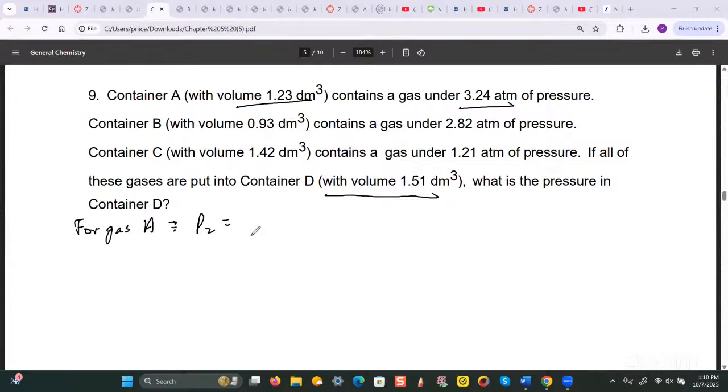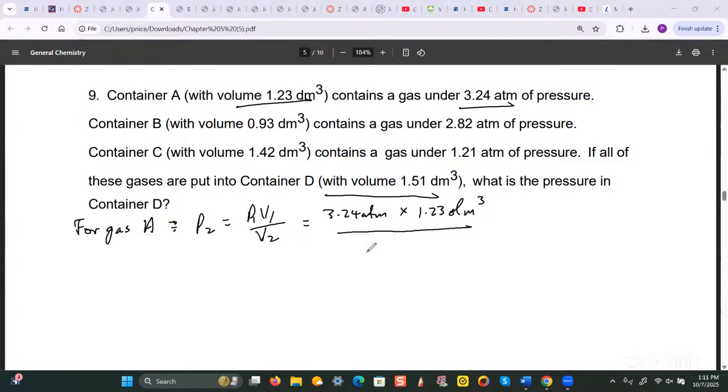How do we calculate the final pressure for gas A? P1 V1 over V2. So P1 will be equal to what? 3.24 atmospheres. And what is V1 for gas A? 1.23 decimeters cubed, divided by V2.